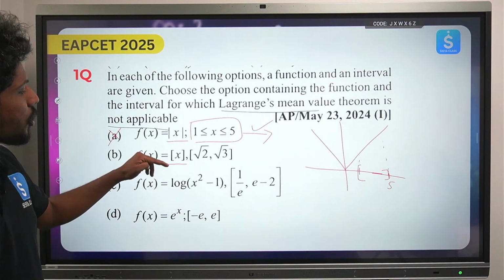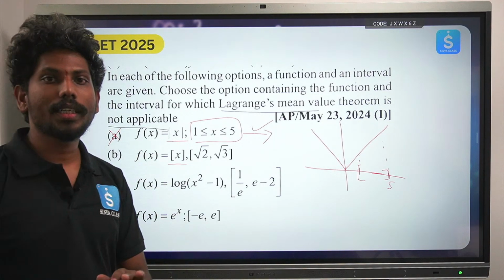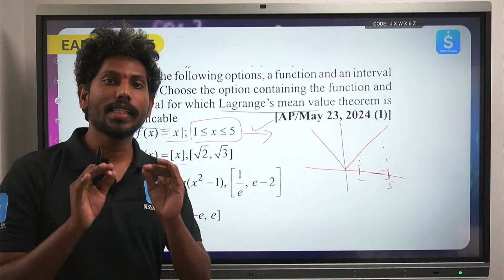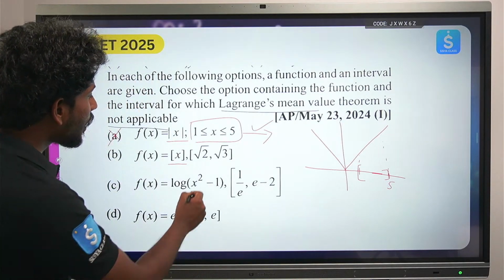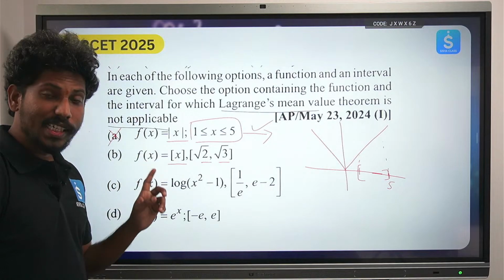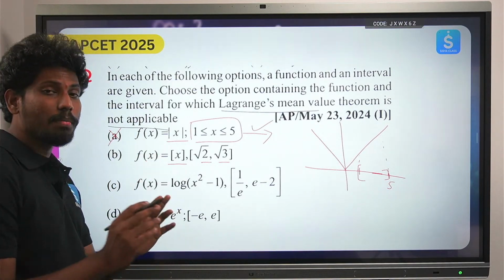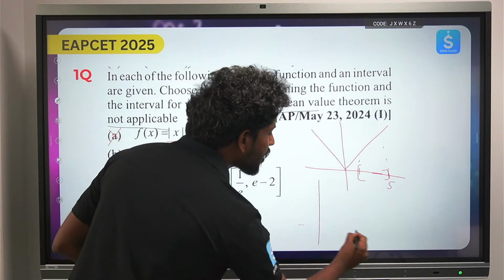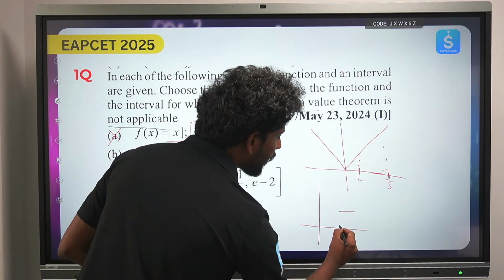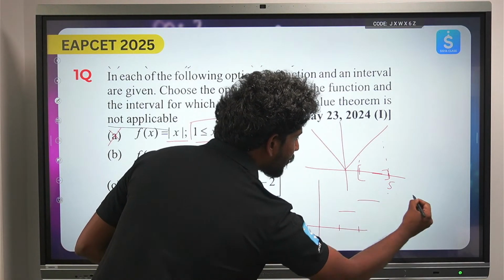Now when it comes to option B, the step x function is completely discontinuous at each and every integer value, right? But here √2 and √3, these two values are actually lying between the two integers. So between two integers this function is continuous, right? This is just between 1 and 2, so you will have a step function like this.